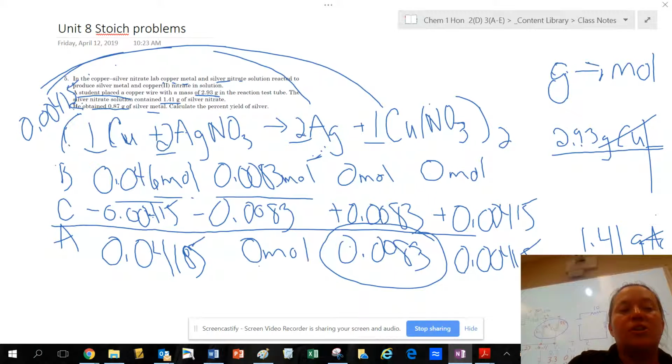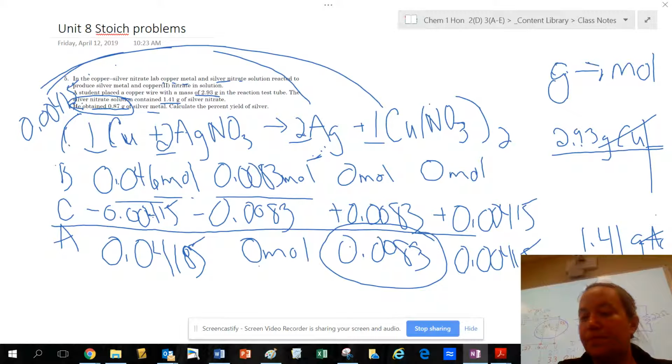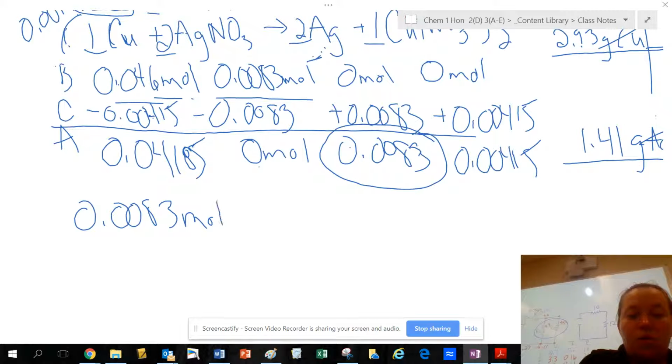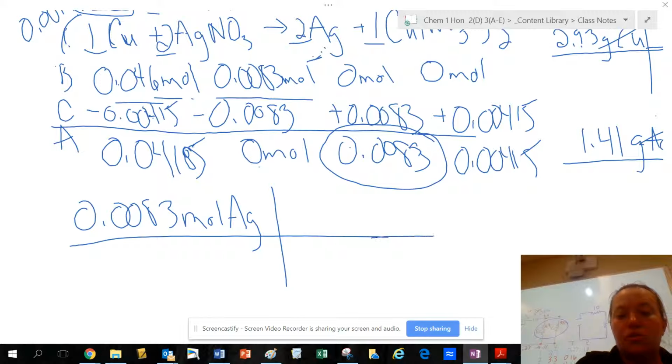And then this is what I actually produced in the lab. So let me come down here. I'm going to do 0.0083 mole silver. Convert that to grams of silver.